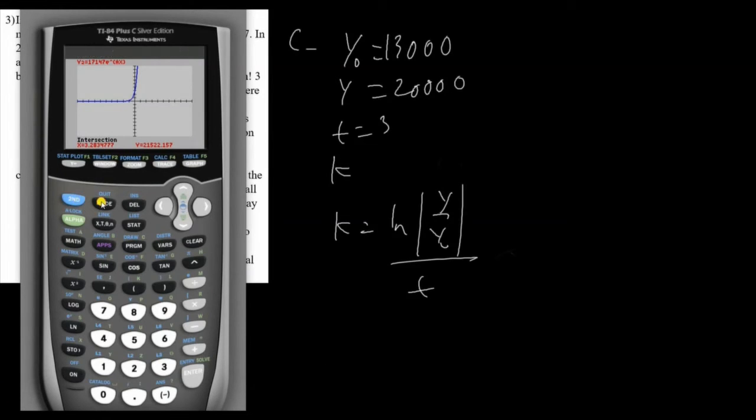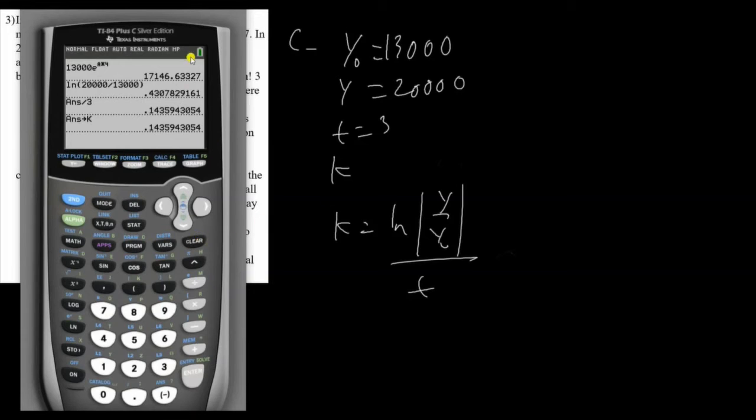Okay, that is the natural log of 20,000 over 13,000 divided by 3. Alright, I'll store this value in another variable. Well, why not just call it K? That makes sense. Store that to K.